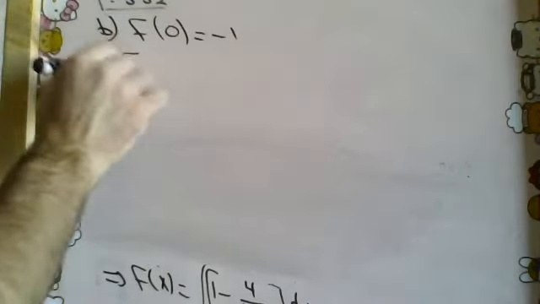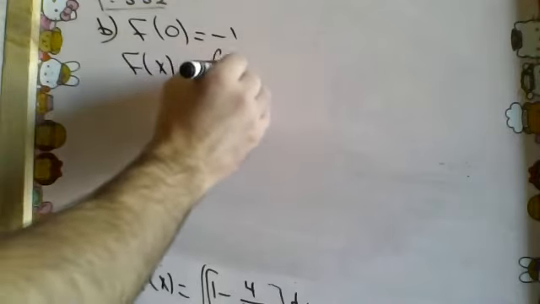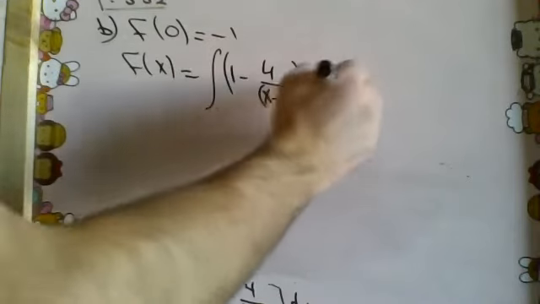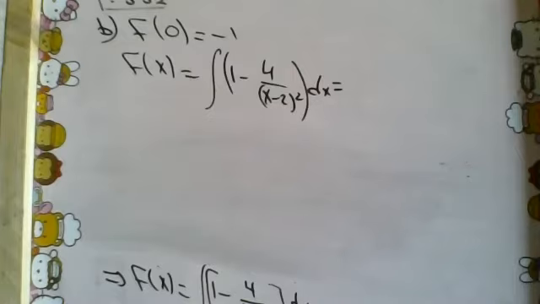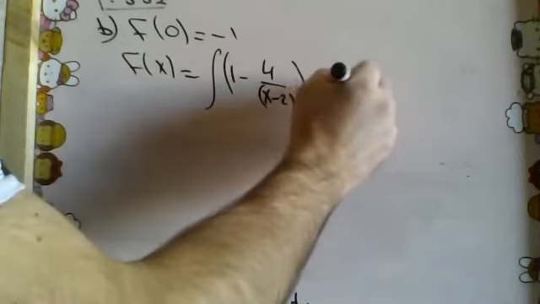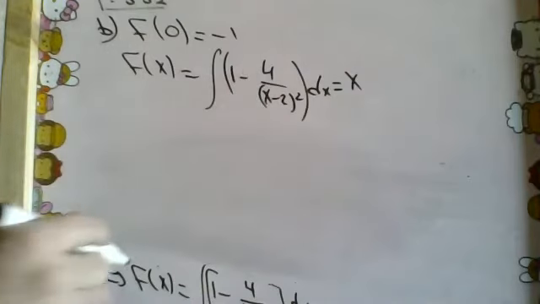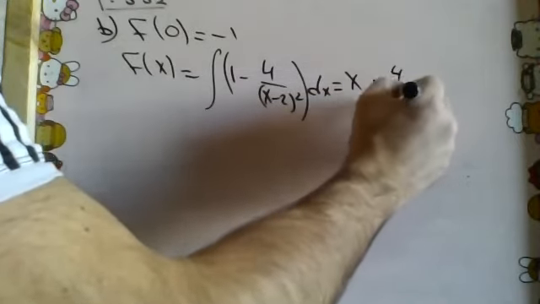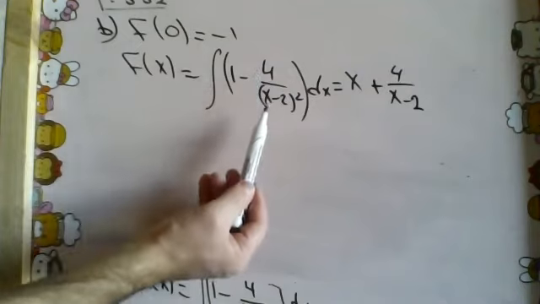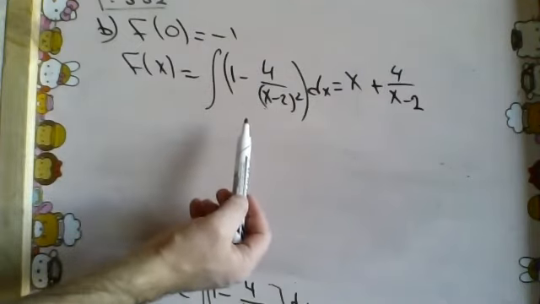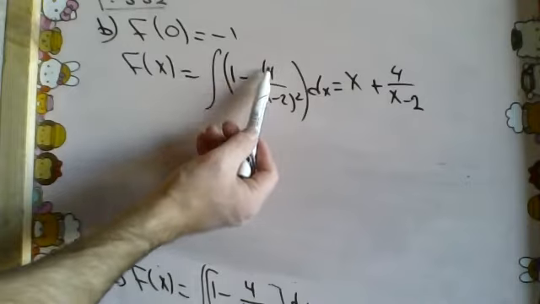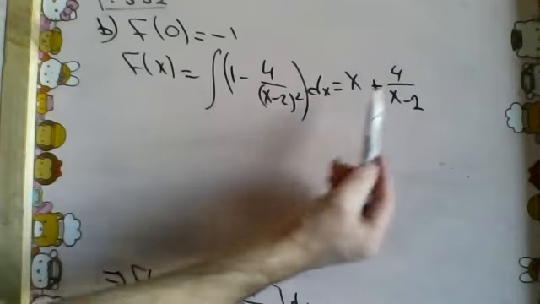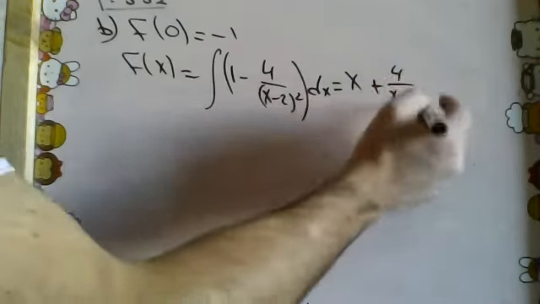Okay, so here as we said, f of x is the integral of 1 minus 4 over x minus 2 squared dx, which is equal to the integral of 1, which is simply x, minus the integral of 4 over x minus 2 squared, which is plus 4 over x minus 2, just like the integral of k over x squared is negative k over x. So you change the sign, plus 4 over x minus 2. The coefficient of x is 1, so no need to multiply by 1.